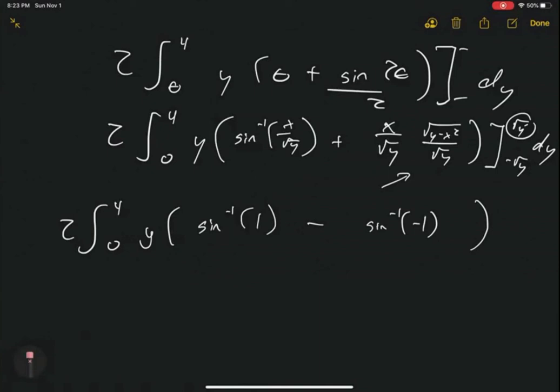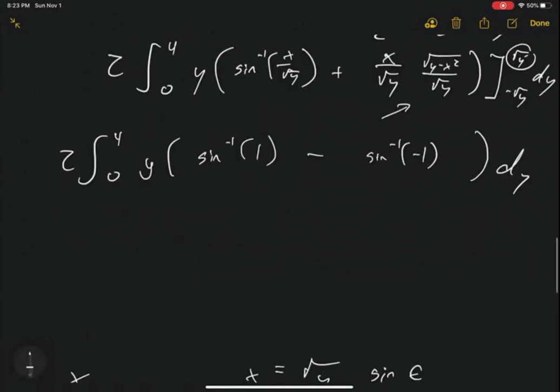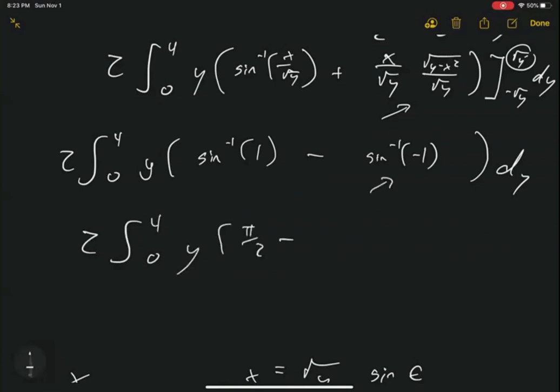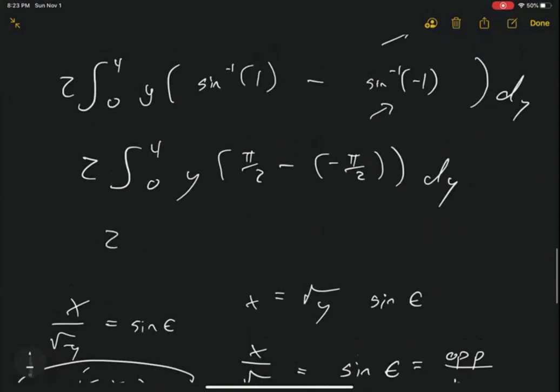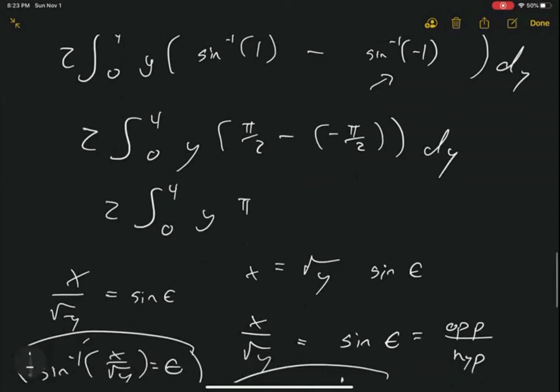Well, what's sine inverse of 1? That's pi over 2. What's sine inverse of negative 1? That's negative pi over 2. So I have 2 times the integral from 0 to 4 of y times pi dy.